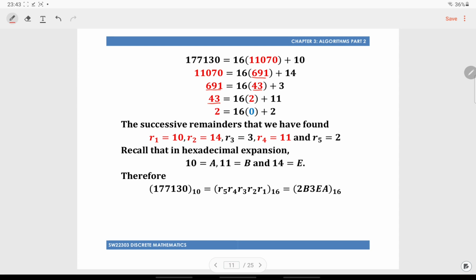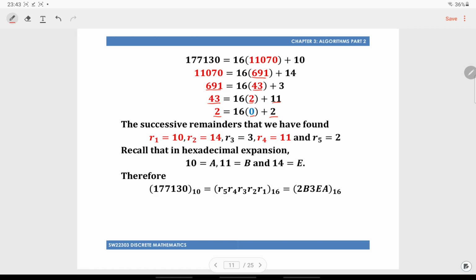The outcome is 2 as the quotient and 11 as the remainder. Because the quotient is not equal to 0, we need to proceed again. We take 2 as the new dividend. Because 2 is smaller than 16, the quotient is now equal to 0 and the remainder equal to 2. Because the quotient is now equal to 0, we stop.